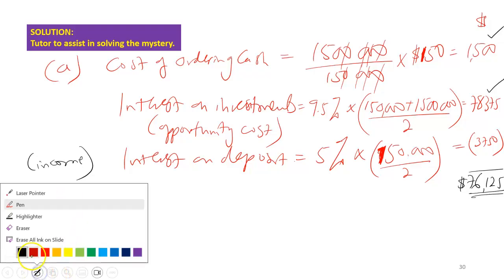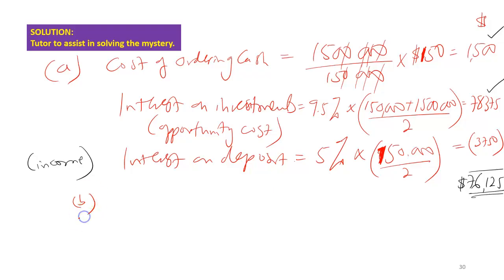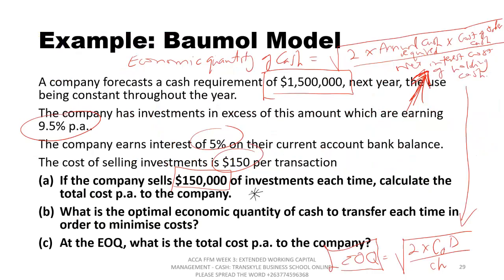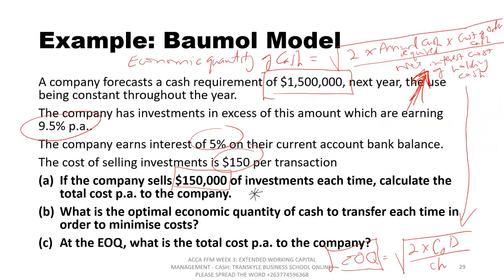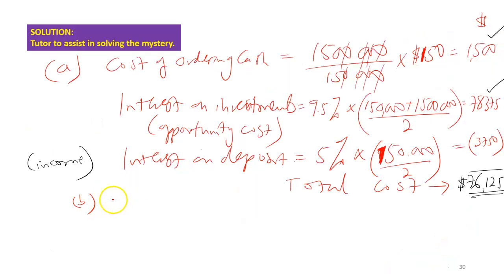Let's do part B. So remember, this was the total cost as required on part A. Part B, what is the optimal economic quantity of cash to transfer each time in order to minimize costs? So here now we can safely use the EOQ.